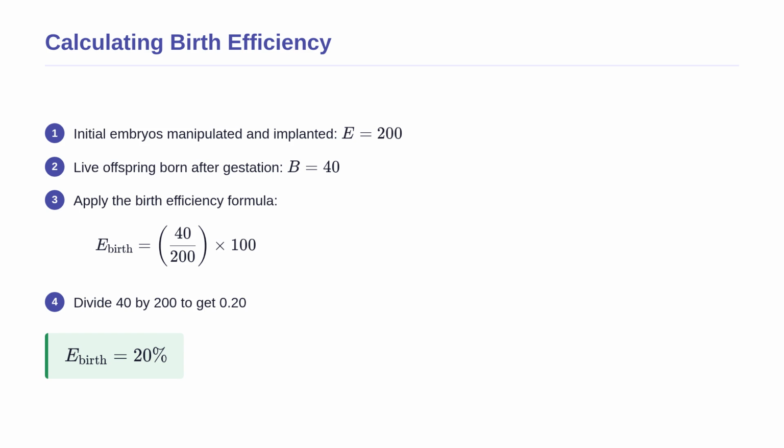We take our formula and plug in 40 for B, the live births, and 200 for E, the initial embryos. Dividing 40 by 200 gives us a decimal of 0.20. Multiplying by 100 converts this to our final answer of 20%. This means 20% of the embryos survive to birth, which is actually a very typical survival rate, given the physical stress of the procedure.